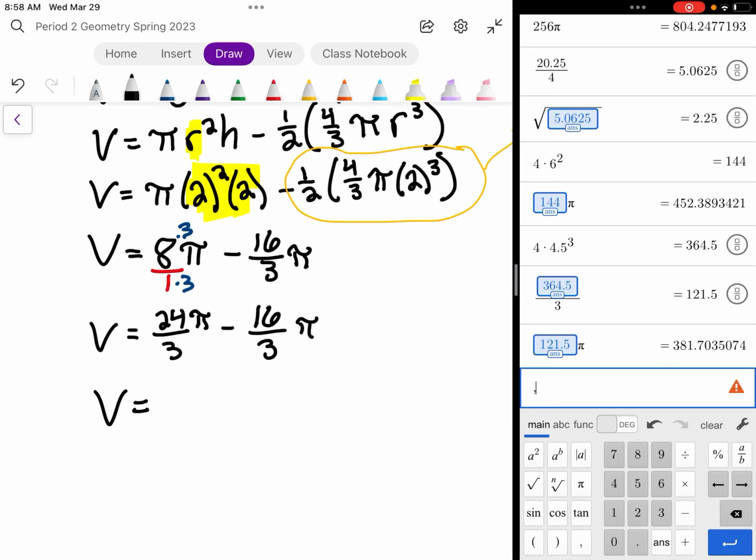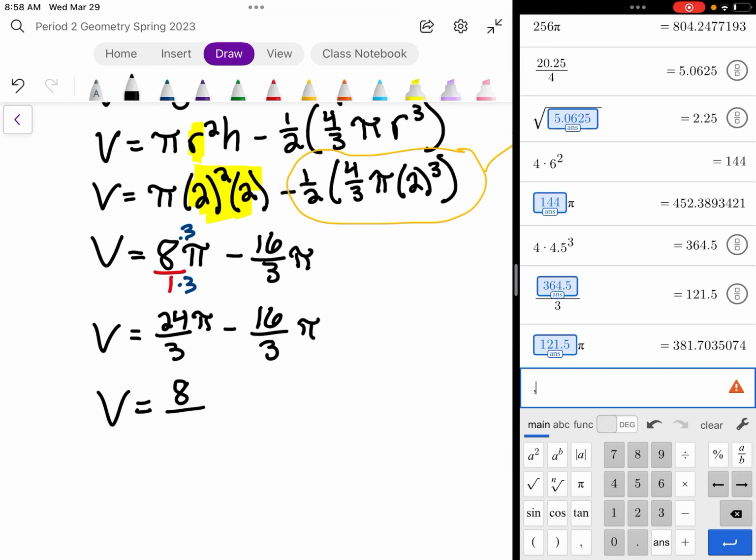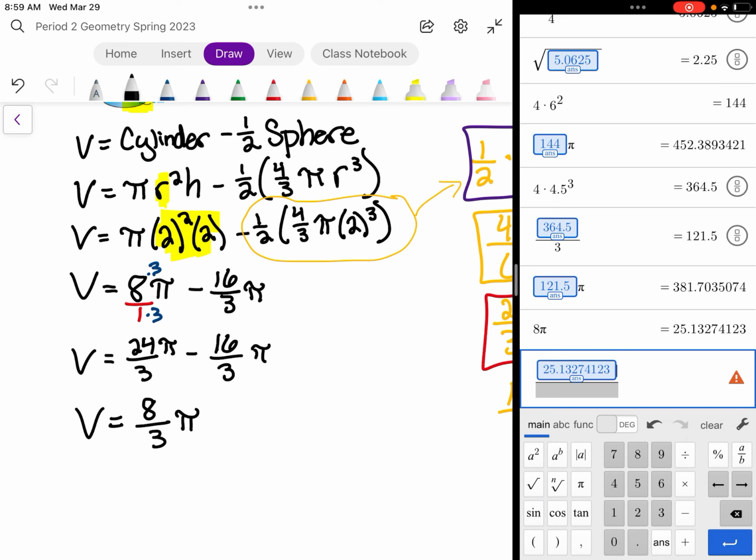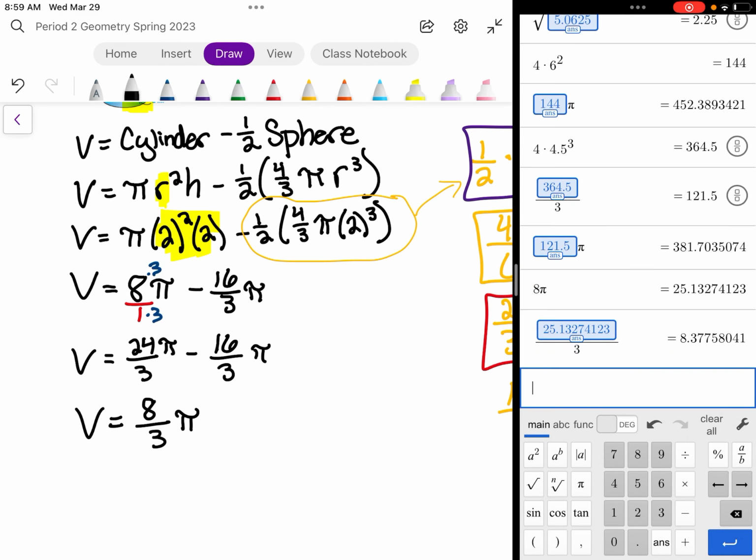And if we take 24 minus 16, that's going to leave us with 8/3 pi. And then, so if we were leaving in terms of pi, that would be our answer. So we would take 8 times pi, and then we would divide that answer by 3.